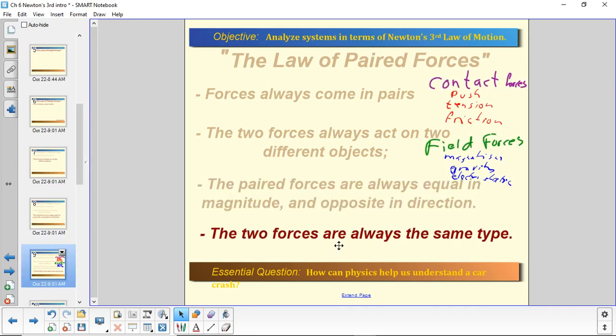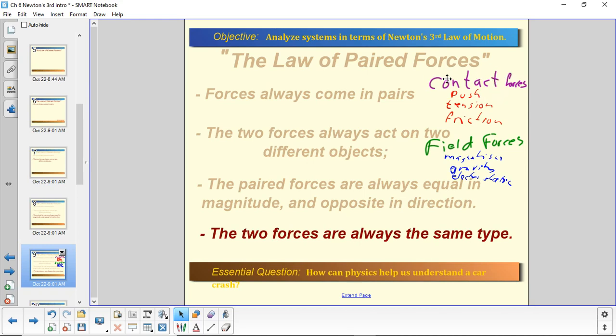And finally, the two forces are always the same type. Okay, always the same type. What do we mean by this? Well, we have to do a quick review of the two types of forces, which I think we've talked about before. But there's contact forces, which occur only when the two objects are in physical contact with each other. So the baseball and the bat, that's a contact force. There's no force between the bat and the ball until the bat actually hits the ball.